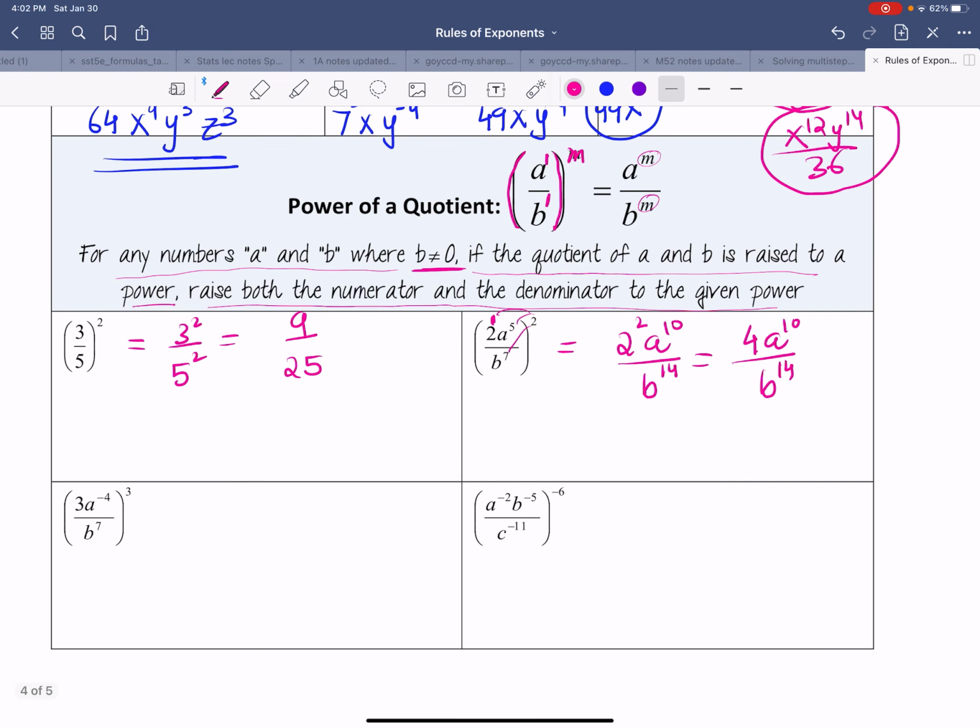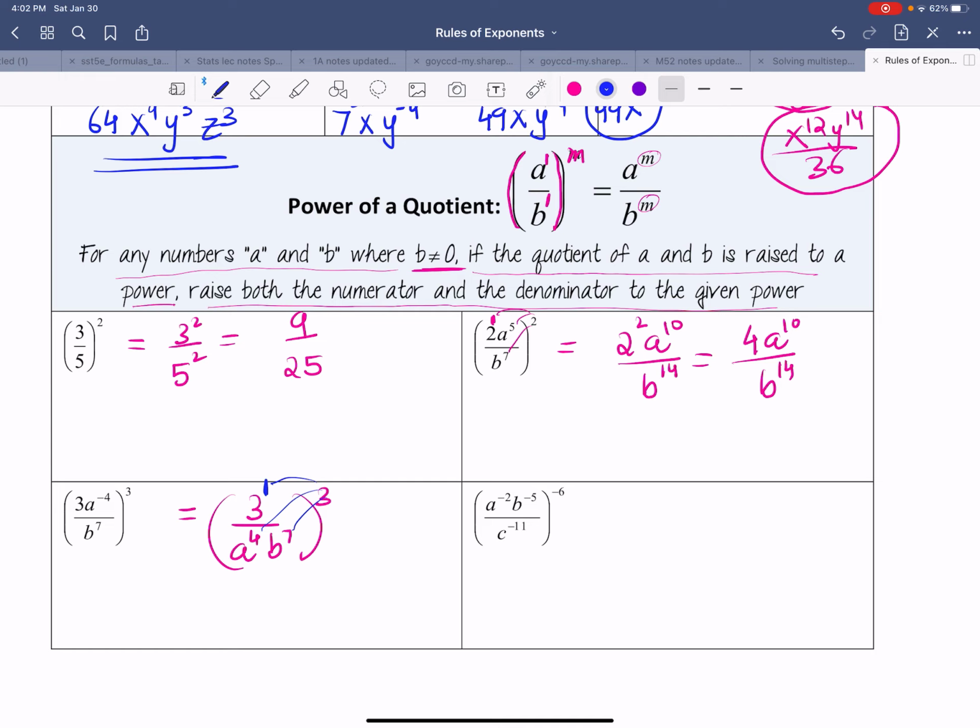Here's example number 3. Some negative exponents over here. Let's take care of the negative exponents first. Because a to the power negative 4 is in the numerator, I'm going to bring it to the denominator and make the exponent positive. Now I'm going to take care of the outer exponent. Every single exponent inside will multiply with the outer exponent.